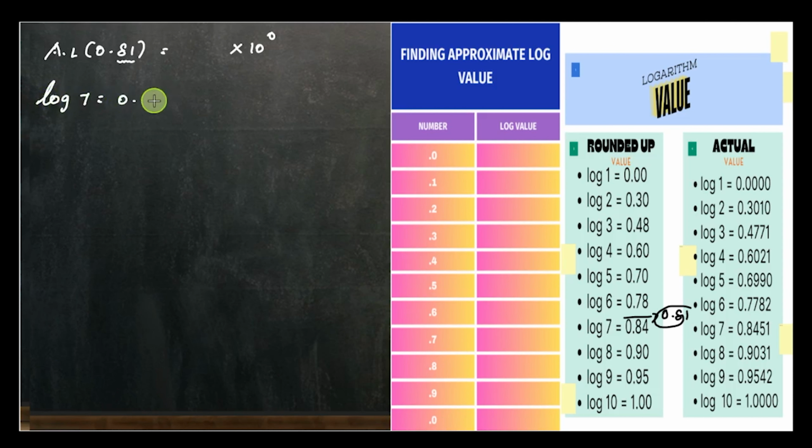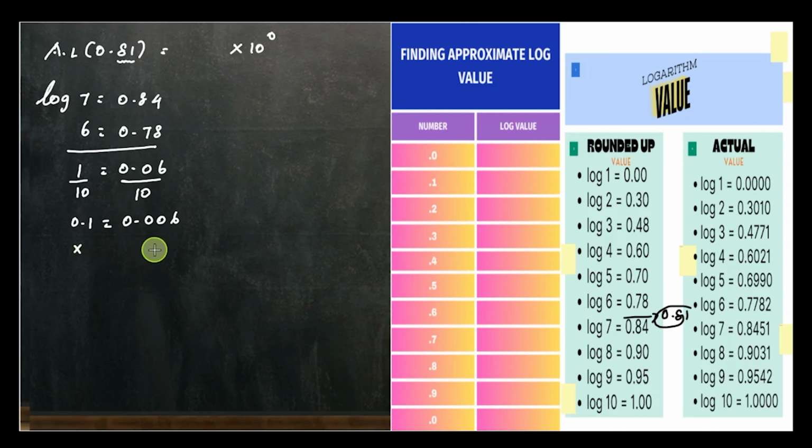Log 7 value here is 0.84, log 6 value here is 0.78. The difference I'm getting is 0.06. Now, as usual, I'm going to divide it by 10. I will be getting 0.1 is equal to 0.006.